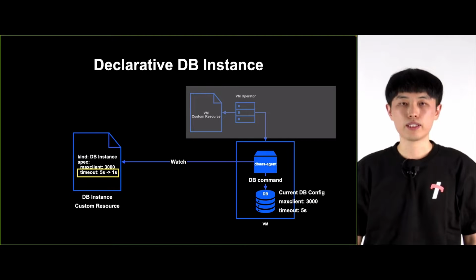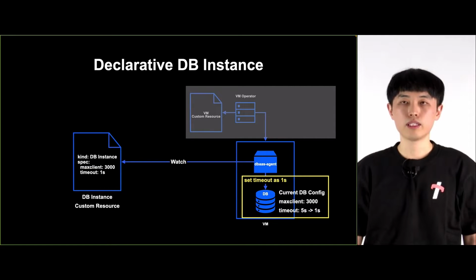And if that is the case, let's say the DB setting is to be changed, then what should we do? The declared DB specs should be changed. Let's say the limit time is changed from 5 seconds to 1 second. Then the DBaaS agent will find out that the declared spec and their DB setting is different, so that it will send the right command to the DB to satisfy the declared specifications.